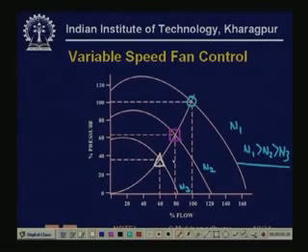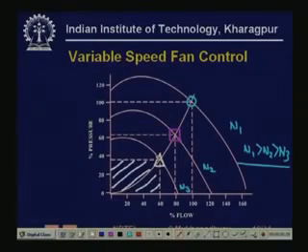So what happens to the power requirements now? Previously, as we were reducing flow, pressure was going up, so the power was not falling. Now, as we are reducing the speed, it is not just that the flow is reducing, the pressure is also falling, and very rapidly too.